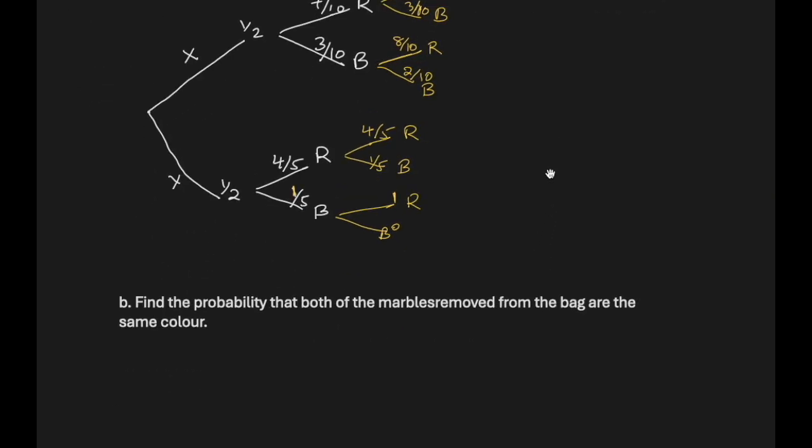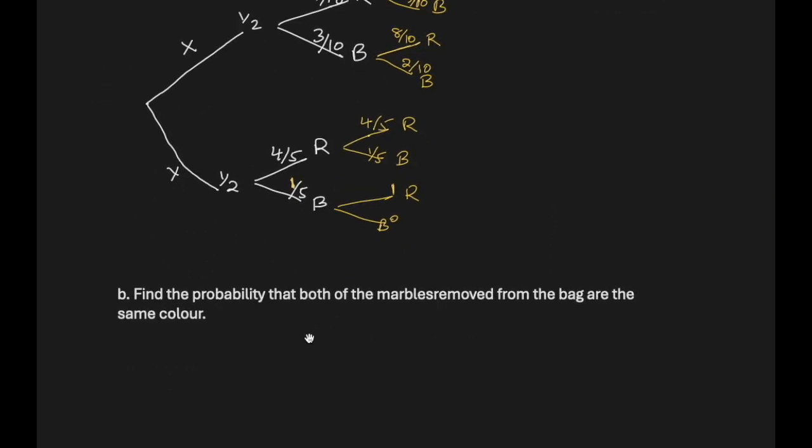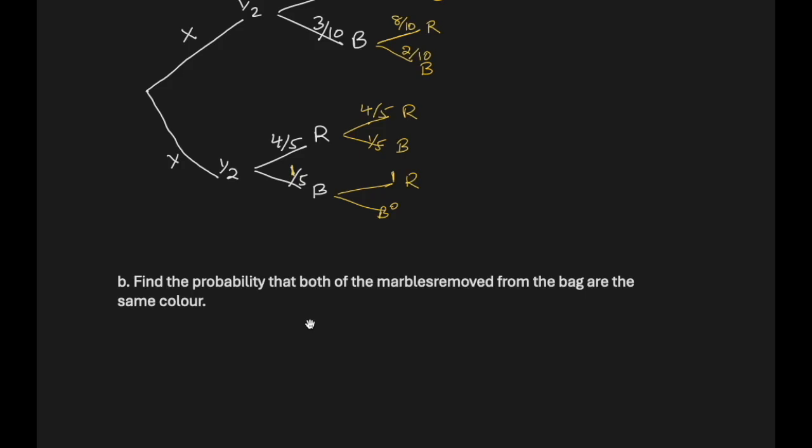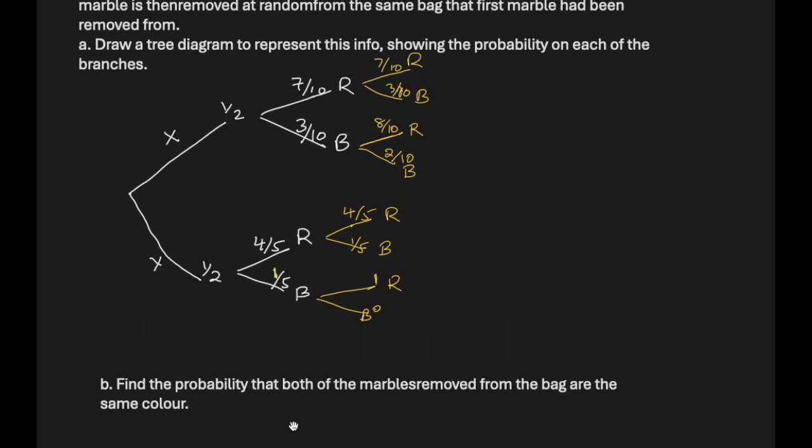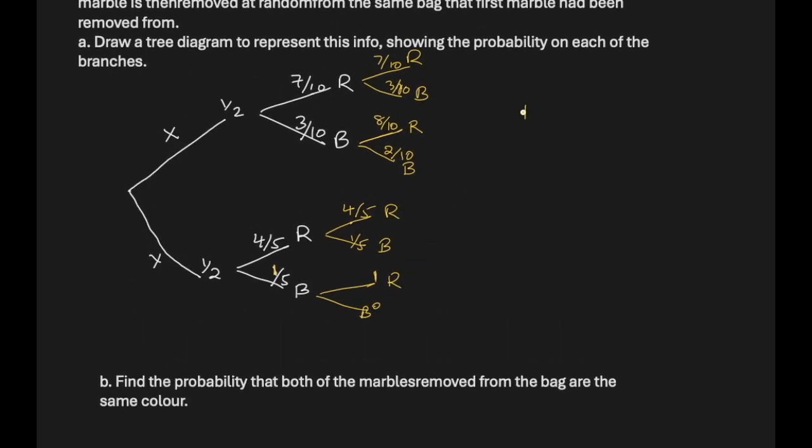Okay. Find the probability that both the marbles removed from the bag are of same color. Both, so either it is red or blue. Alright, so we will look at the branch where we are getting red. First this half, bag is chosen.